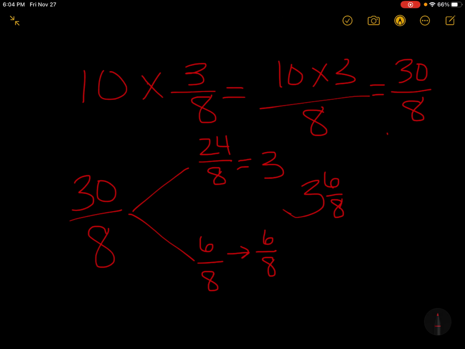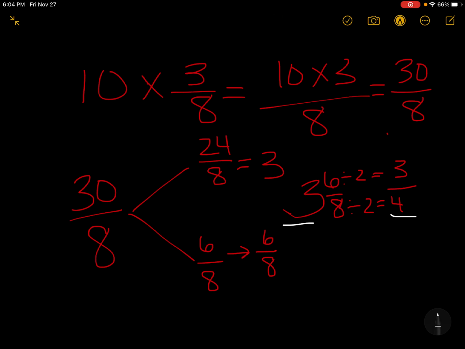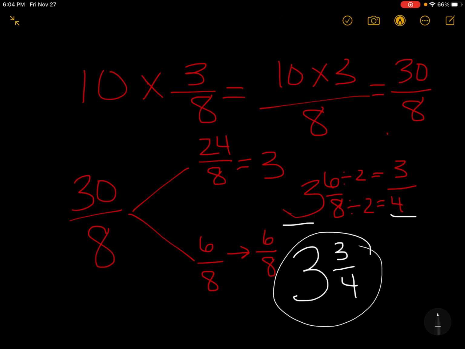If I were trying to find a number that could divide evenly into both of them, I could try 2. 6 divided by 2 is 3. 8 divided by 2 is 4. I'm going to rewrite my answer here. Simplified whole number, simplified fraction, your final answer.